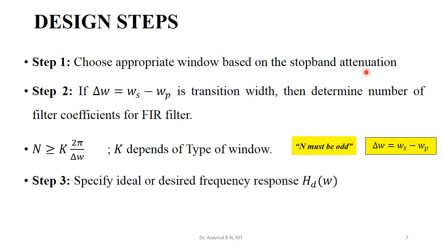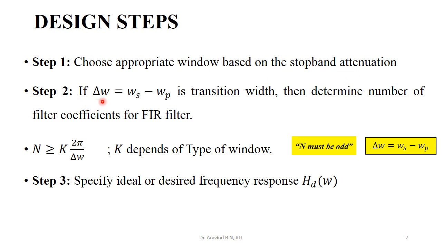That means in the given question certain details will be provided, among which the stop band attenuation is one. Based on the stop band attenuation we are going to identify which windowing method we need to apply.